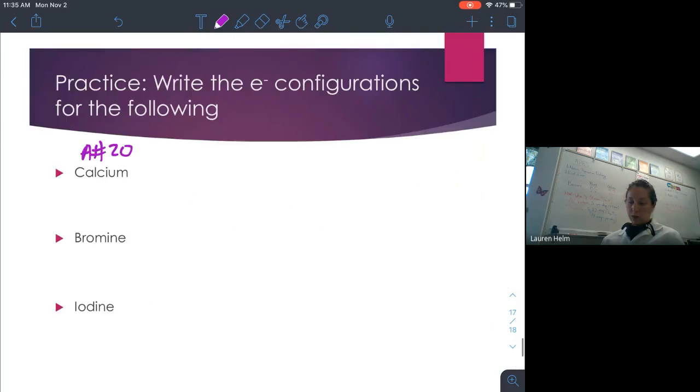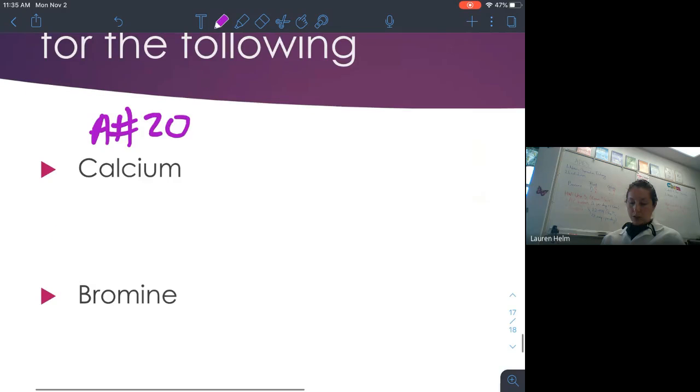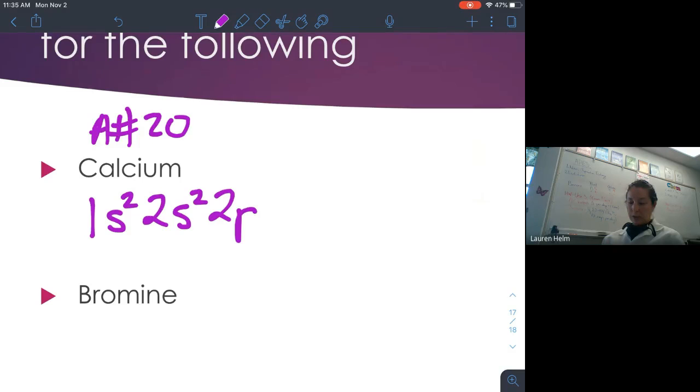So while referencing one of those, calcium has 20. First energy level, S, holds 2. Second energy level, S, holds 2. Second energy level, P sublevel, holds 6. That's 2, 4, 10. I've drawn 10 out of my 20 electrons, so I'm going to keep going. 3s holds 2.